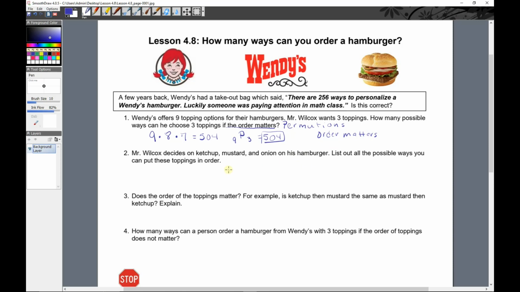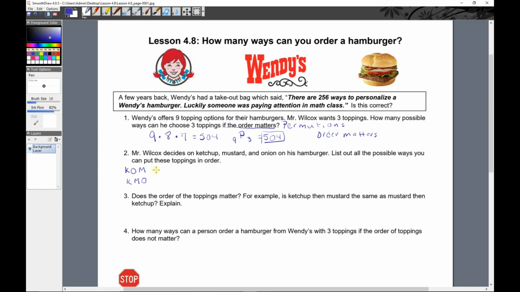Mr. Wilcox then, for number 2, decides on ketchup, mustard, and onions on his hamburger. List out all the possible ways you can put these toppings in order. Okay, so I'm going to start with ketchup, and then onions and mustard. Then I'm going to start with ketchup again and just switch those 2, so mustard and onions. Starting with ketchup, that's as far as it goes.